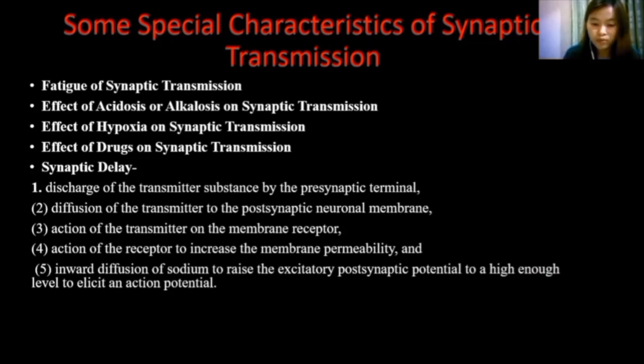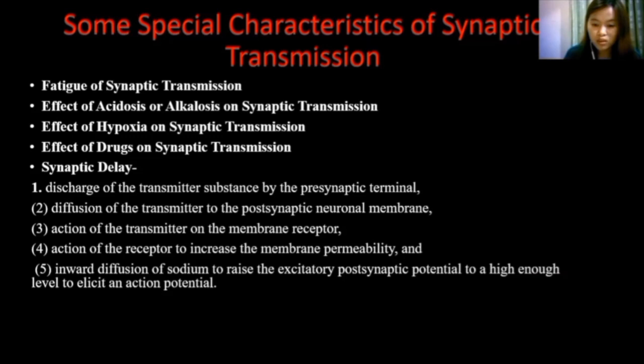A few seconds without oxygen in the brain will cause complete inexcitability of the neurons. And next, the effect of drugs on synaptic transmission. An example is caffeine. Caffeine, found in coffee, will increase the excitability of neurons and reduce the threshold for excitability of the neurons.